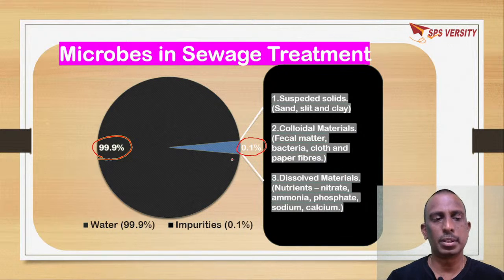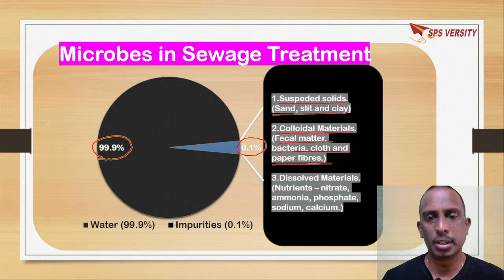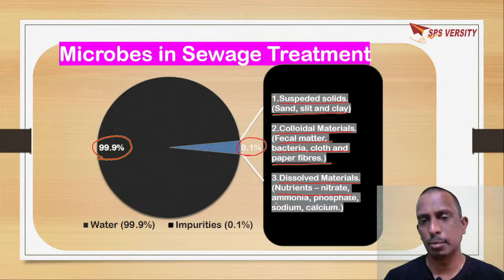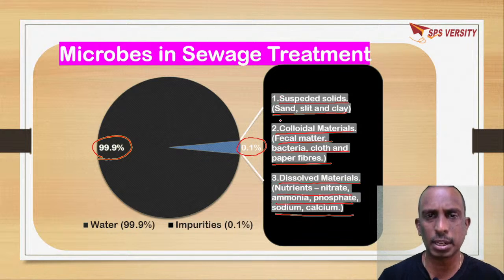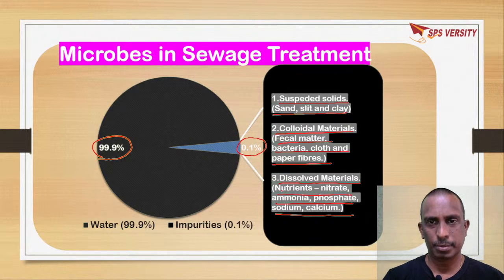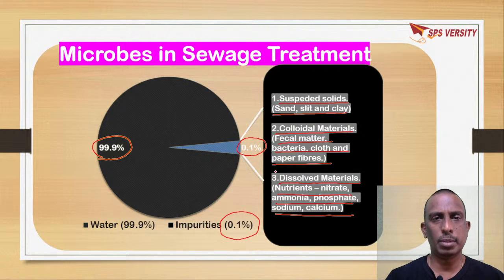In this 0.1% of impurities, there will be suspended solids like sand, silt and clay; colloidal materials like fecal matter, bacteria, clots, paper fibers; and dissolved materials like nutrients such as nitrate, ammonia, phosphate, sodium, calcium. These all constitute only 0.1%, but this 0.1% will pollute the entire water.